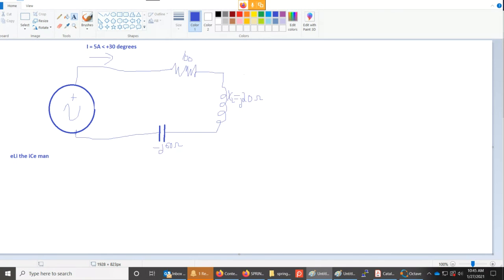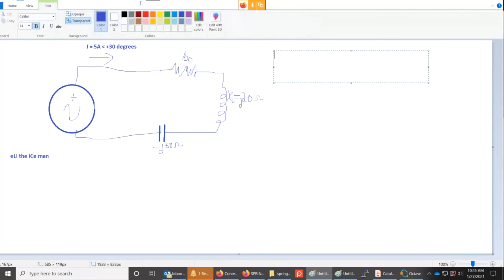Now I can calculate my voltage. Well, the first thing we can calculate is the impedance. So the impedance Z is R plus J X of L minus J X of C. All right, and so that impedance is going to be 100 plus J20 minus J60, which is going to be 100 minus J40.